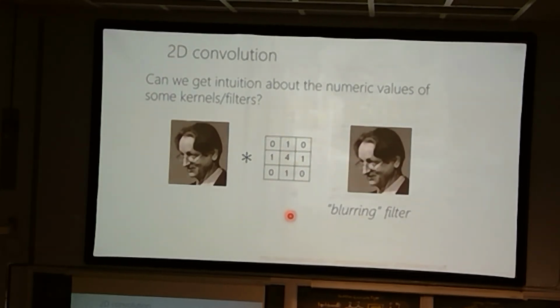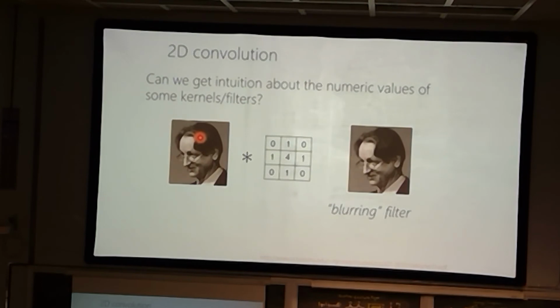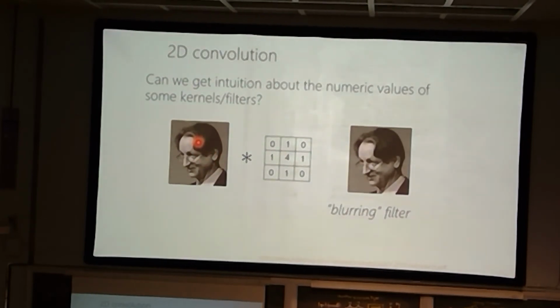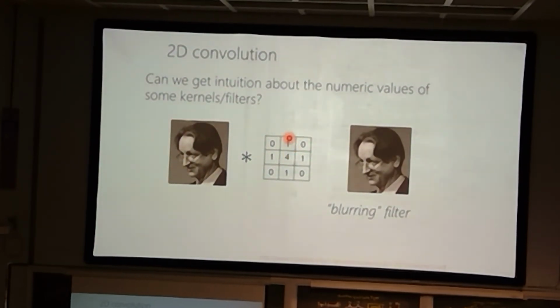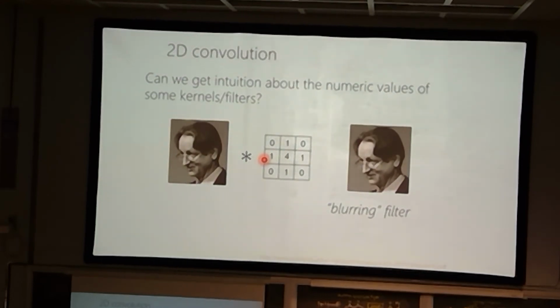When you go home and look at this, think about it: if I put this at any given point and flip it, this is symmetric. In 2D you flip it both ways, but it's symmetric, so it won't do anything. You're doing a dot product of this with some part of the image, mostly taking the center pixel but bleeding in a little bit of the adjacent pixels. That gives you a slight blurring.